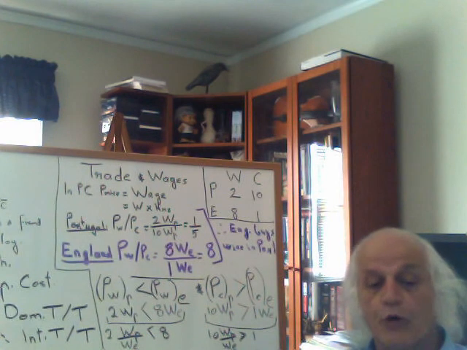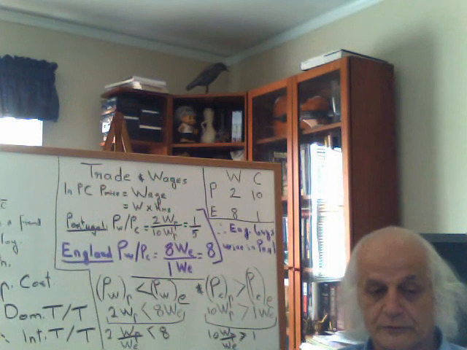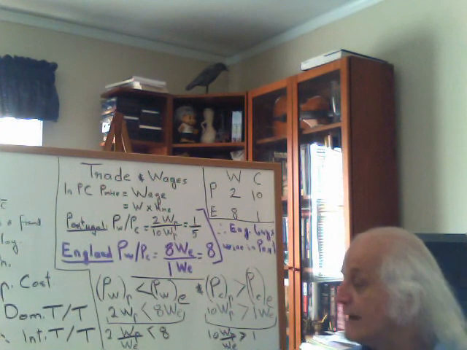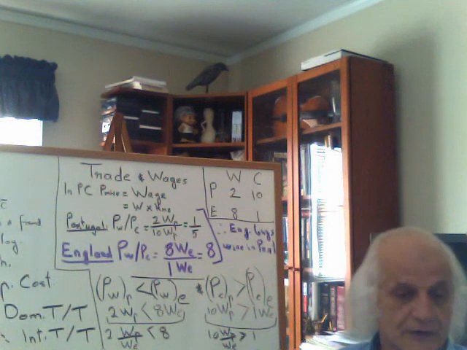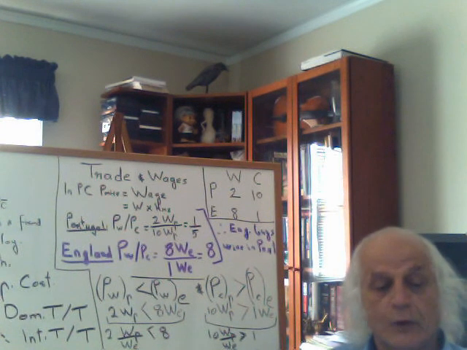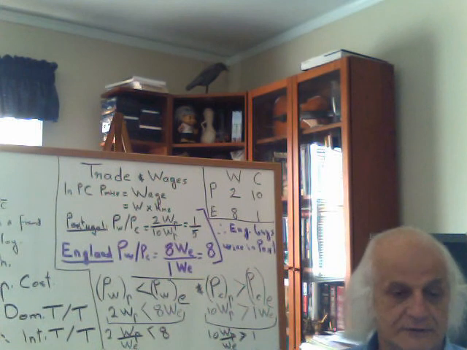So it must be more than $1. It cannot be less than $1. But it must be less than 4 times. So it's going to be more than $1, but less than $40. It could be anywhere between $1 and $40 in this particular case.